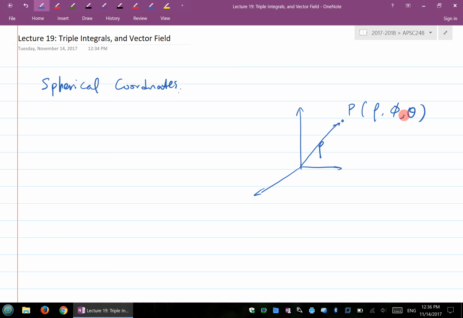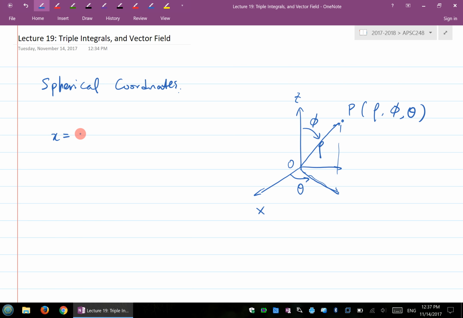Rho is defined as the distance from the origin to the point P, and phi is defined as the angle between the z-axis and OP. So phi starts from the z-axis up to OP. And theta is when you project P onto the xy plane, the corresponding angle from the x-axis. So that's rho, phi, theta.